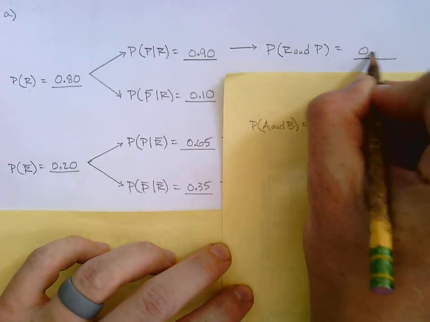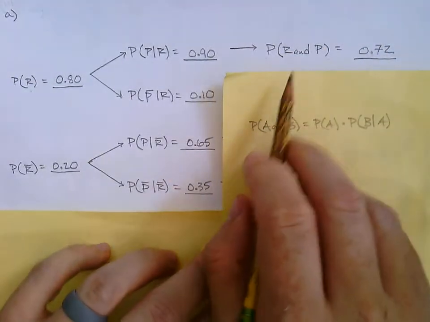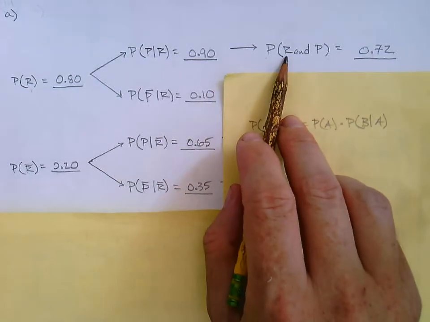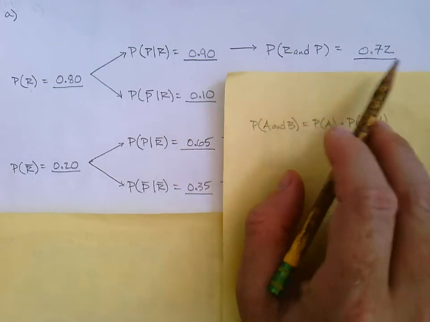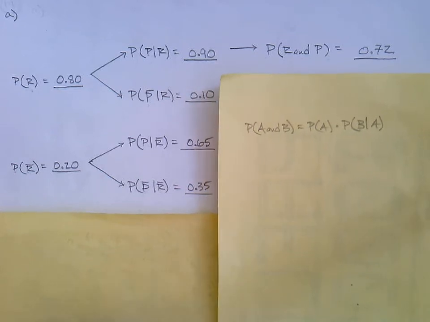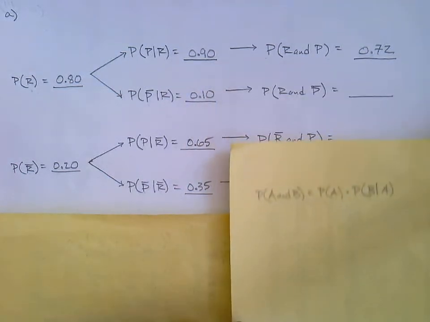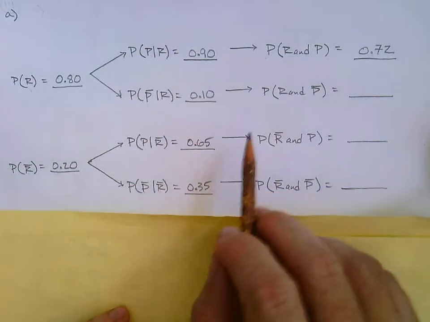The probability that any randomly selected student went to the review and passed is 72%, 0.72.